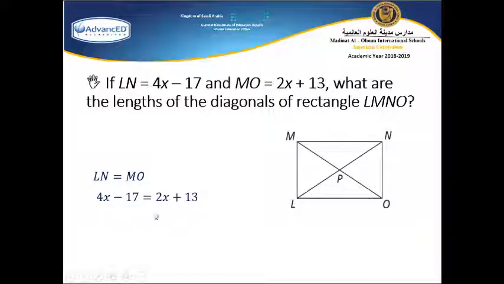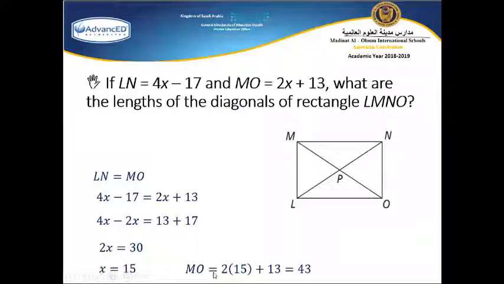By solving this equation, 4x minus 2x equals 13 plus 17, then 2x equals 30, then x equals 15. Let's make a substitution in either one, LN or MO. Let's use MO, for example. Then MO equals 2x plus 13, then 2 times 15 plus 13 equals 43. Then MO equals LN equals 43.